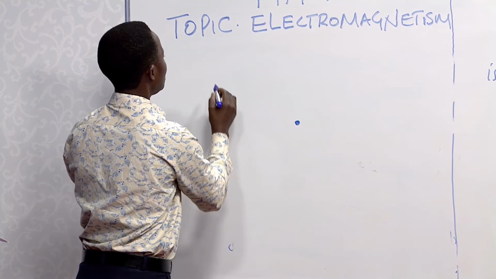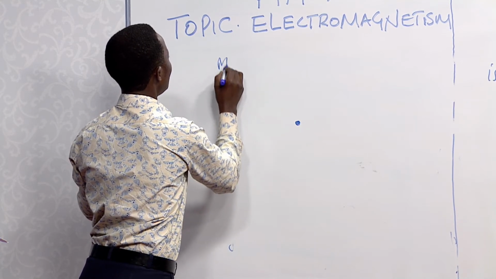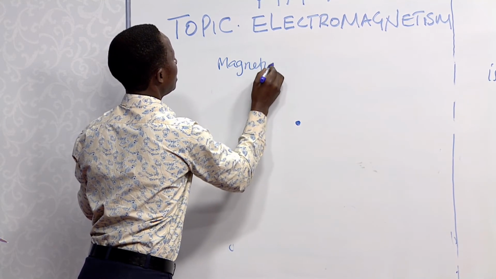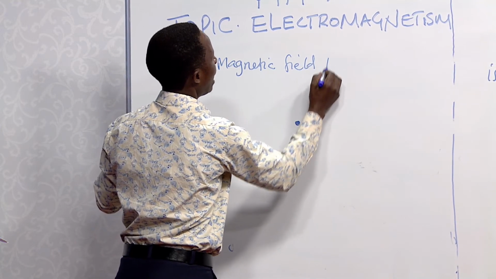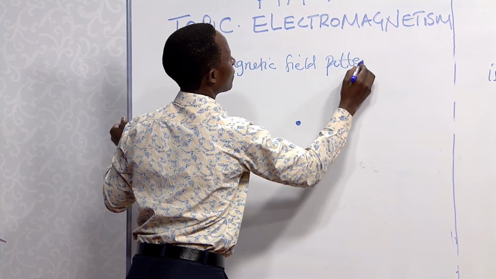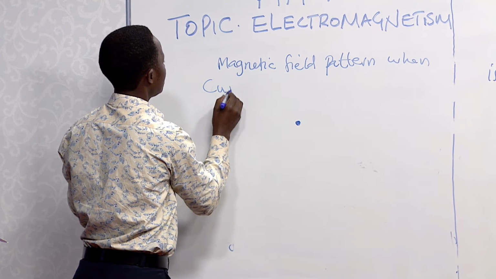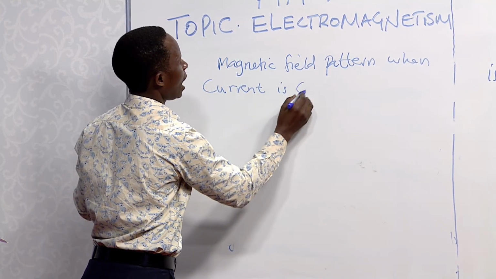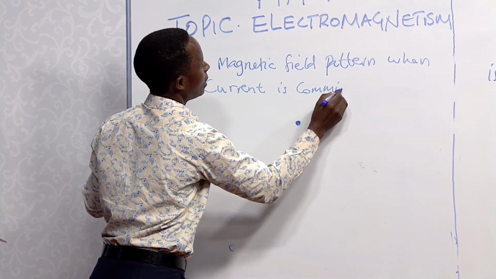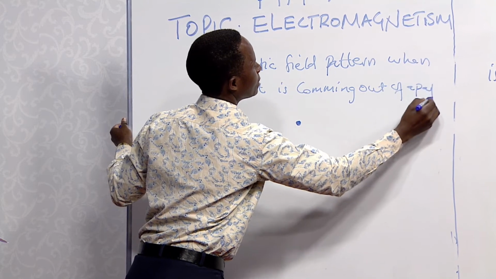The other one was the wire. Now we are saying magnetic field pattern when electric current is coming out of a paper.